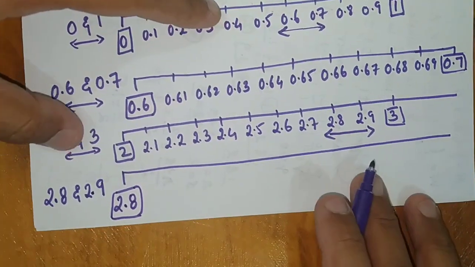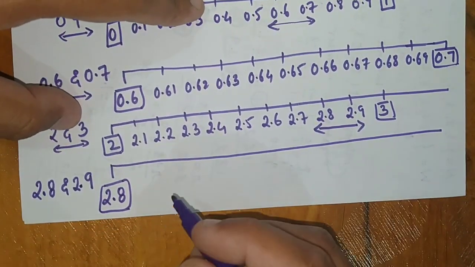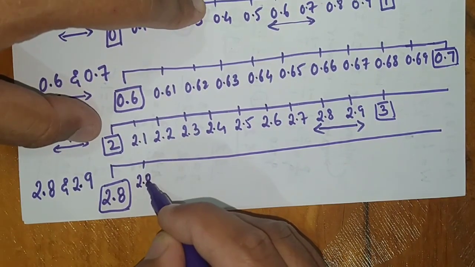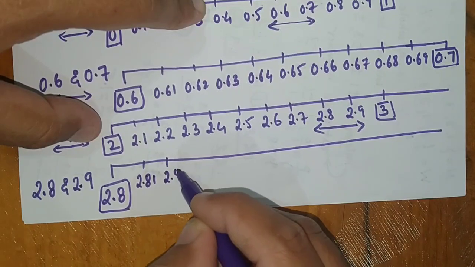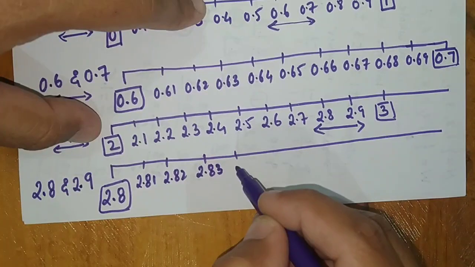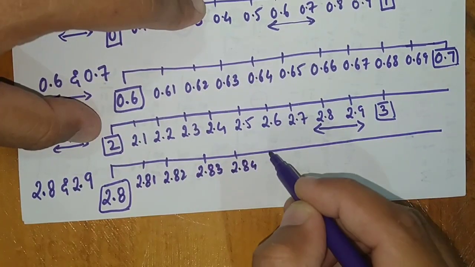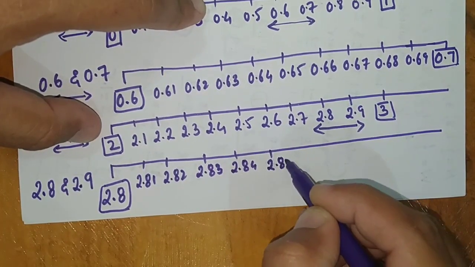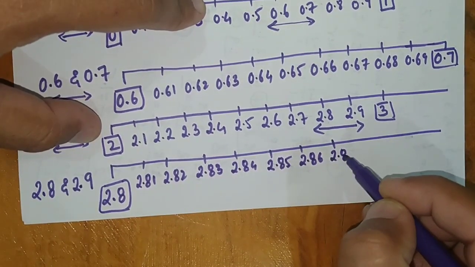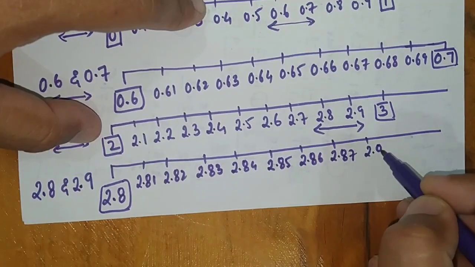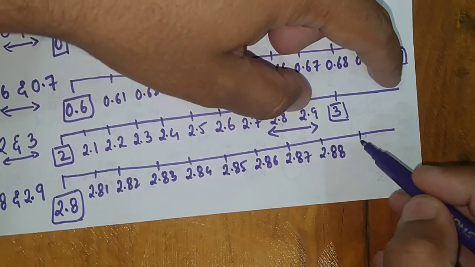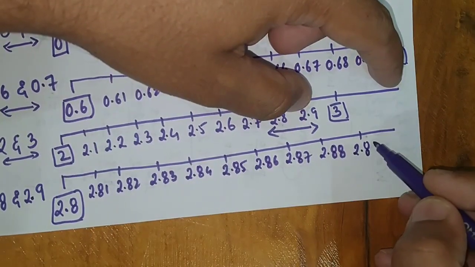Now you will find 2.81, 2.82, 2.83, 2.84, 2.85, 2.86, 2.87, 2.88, 2.89.